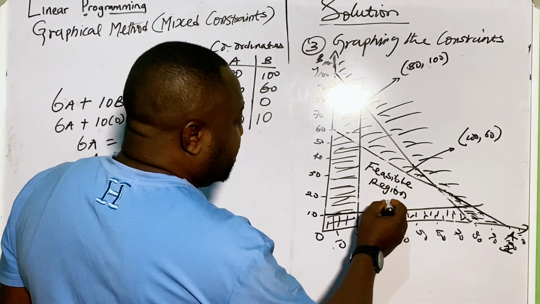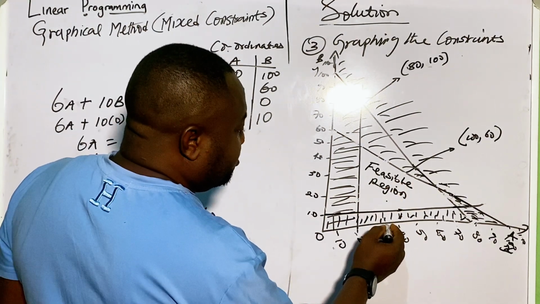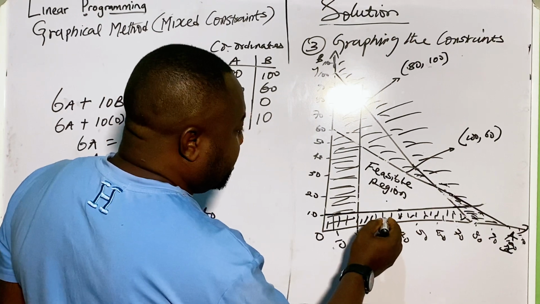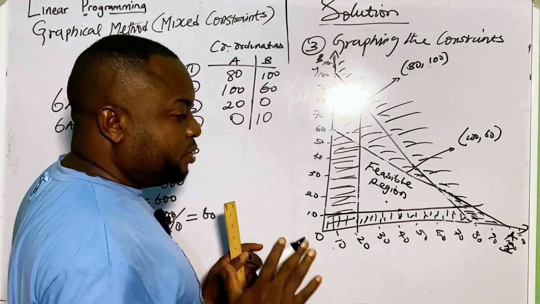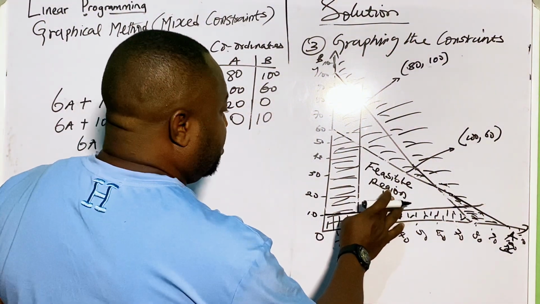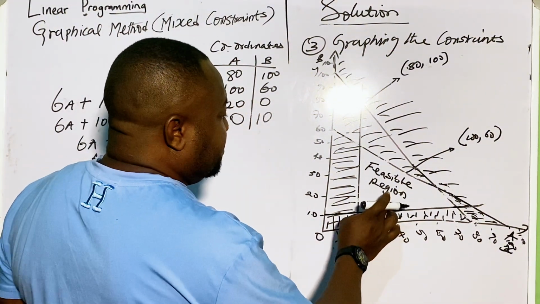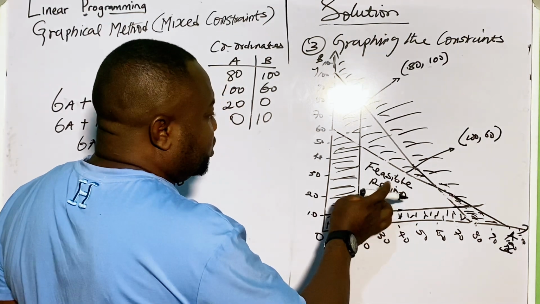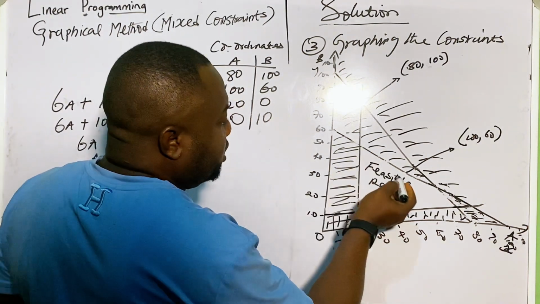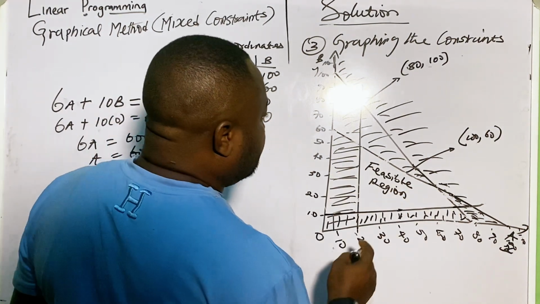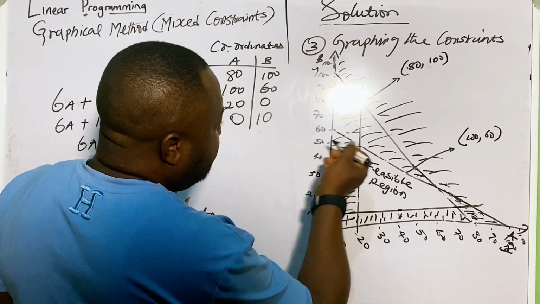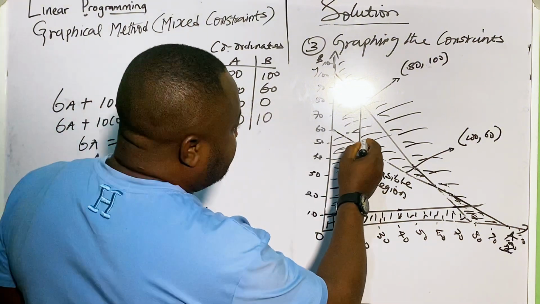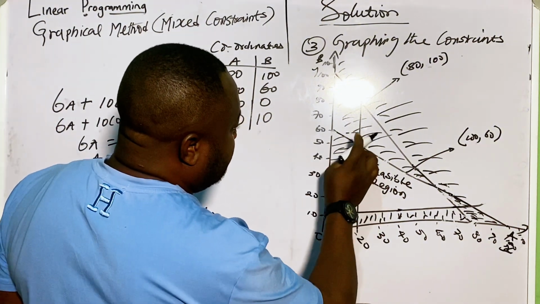So any point we take here and measure, read it out from here, you take this one from here and read it up to B. It's a profit combination. But it has been determined that the best combination will come from the extreme corner points. So we'll be testing the extreme corner points. Let me label this one N, which is 1.